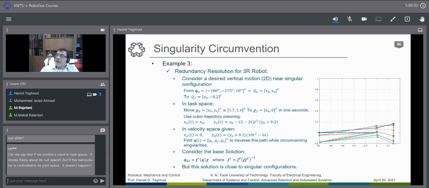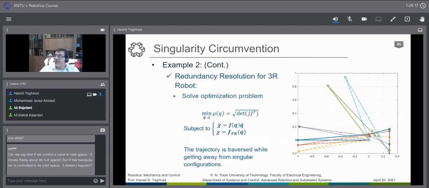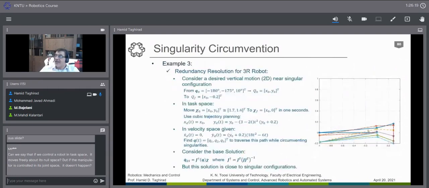The singular configuration is when we have a fully retracted arm. If the arms are very close to each other, then it would be quite close to singularity. If we move from here to here, it means that we are very close to a singular point.